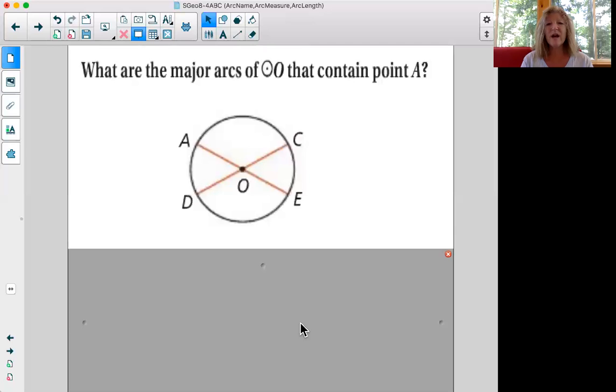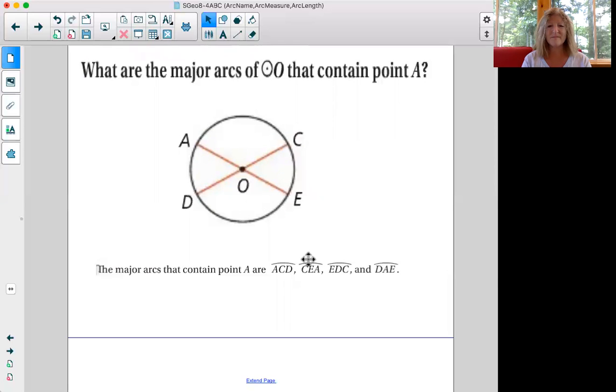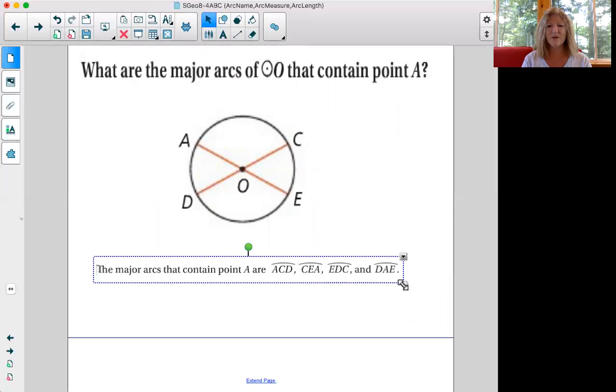All right, so now on your own paper, pause the video and name some major arcs of circle O that contain point A. Any of these answers would have been correct.